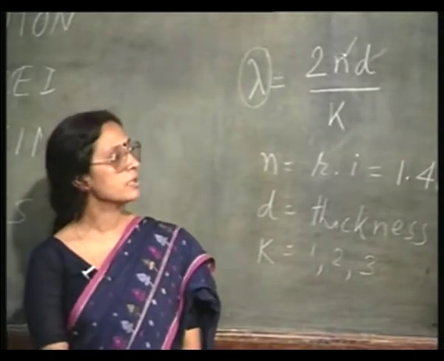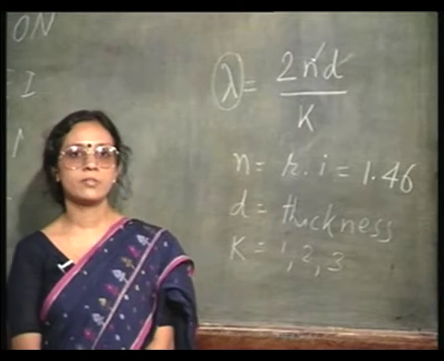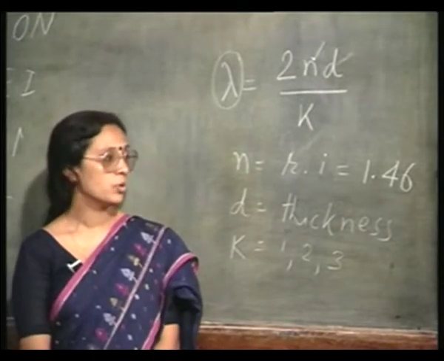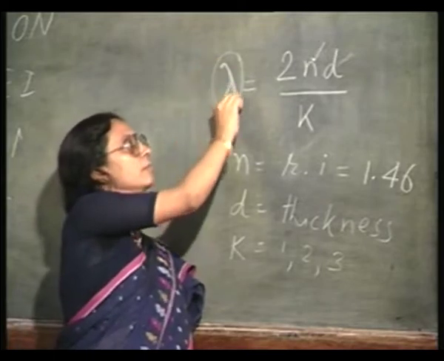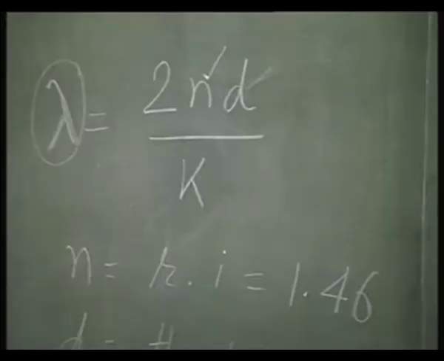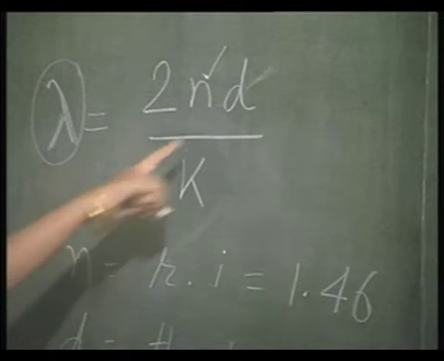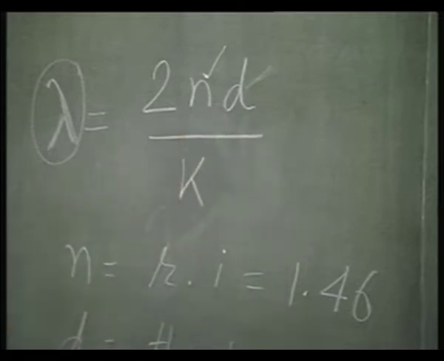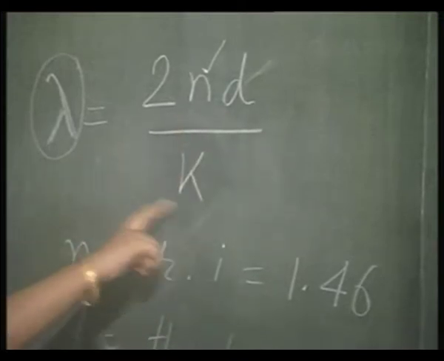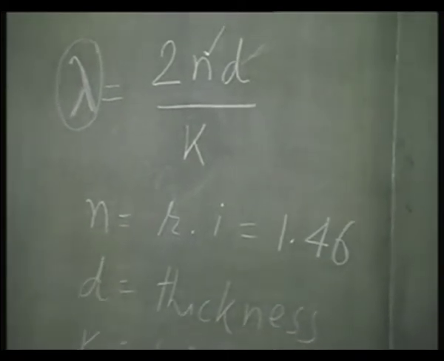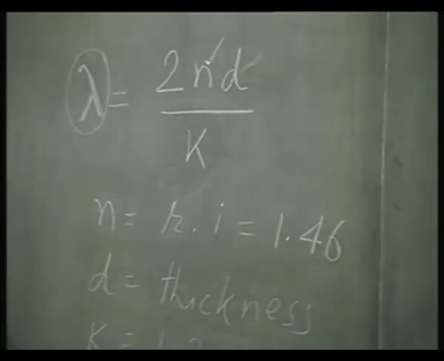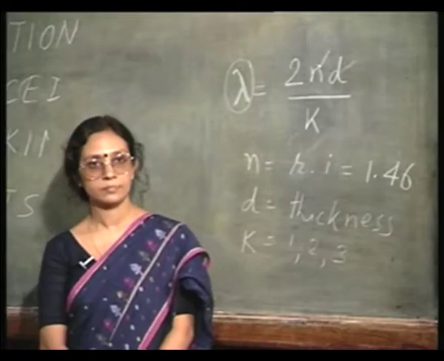So, by using that refractive index value of 1.46 and looking at the color corresponding to the lambda, one can evaluate the thickness. There is only one problem, that is, depending on the value of K, we will have a repetition in the film color. So, you may have blue colored oxide film for more than one thickness.